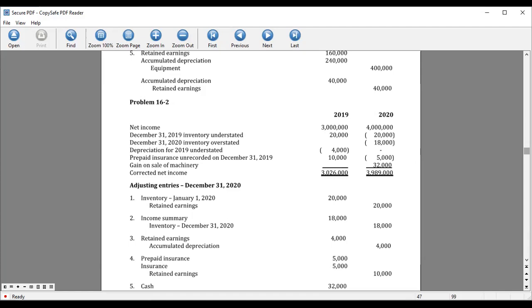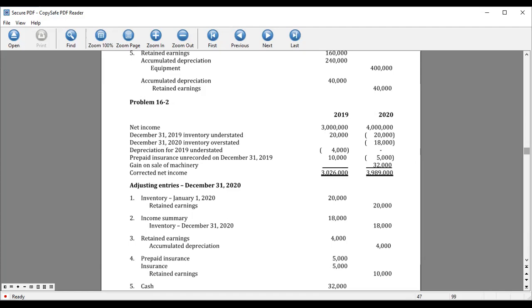Then we have a fully depreciated machinery was sold on December 31, 2020, but the sale was not recorded until 2021. The cost of the machinery is 200,000 and the proceeds from sale amount to 32,000.